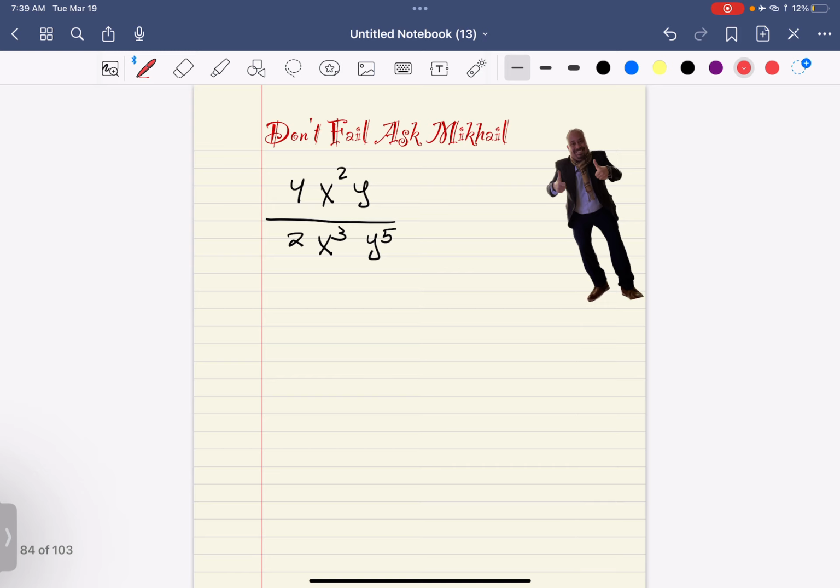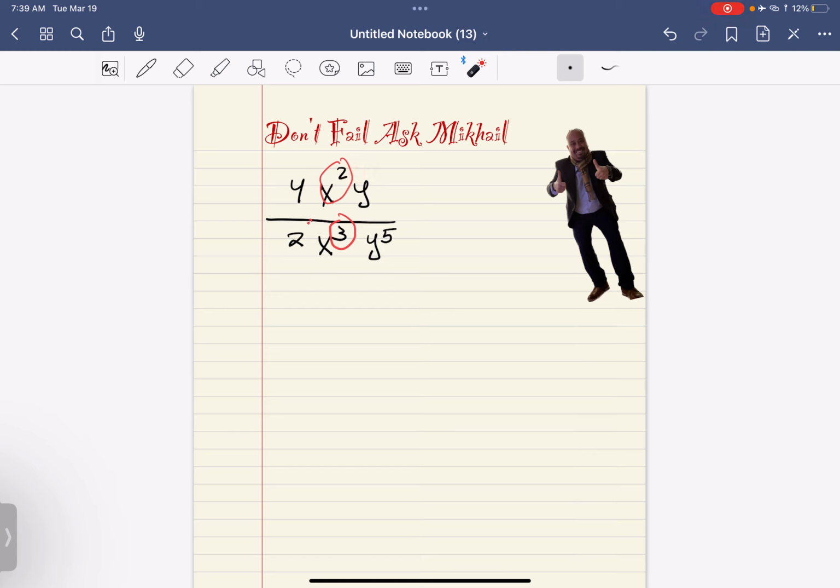2 more examples. I have this one here. I'm going to follow a rule: always subtract the exponent of the top minus the exponent of the bottom. So we're going to do this one as if we have 3 different problems. One problem has to do with numbers, one with the x, one with the y.